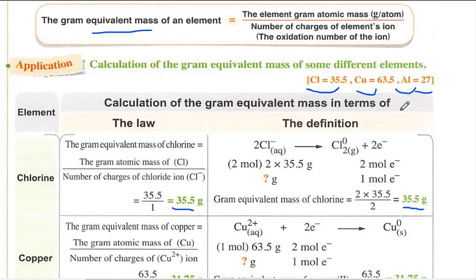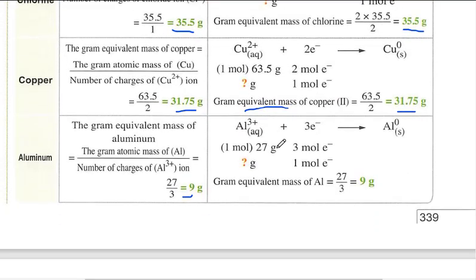So let's speak about aluminum. By law, its charge is 3, so we divide the atomic mass over the charge, which equals 9. Also by definition, aluminum positive 3 goes to the cathode to be reduced, takes 3 electrons, and becomes aluminum 0 solid. So 1 mole of aluminum, which is 27 grams, is reduced by 3 moles of electrons.